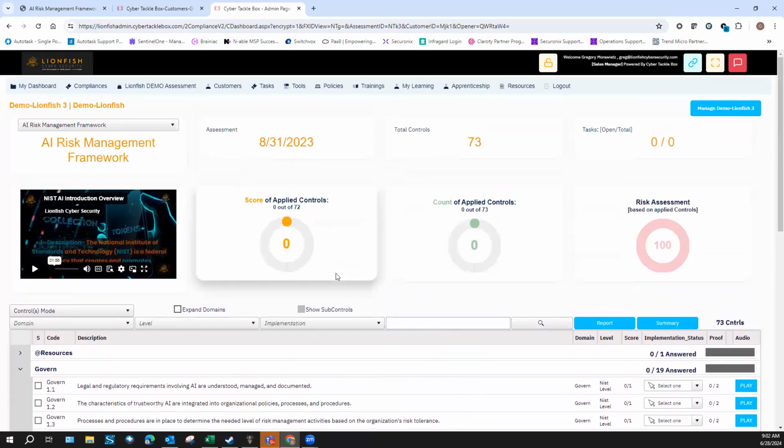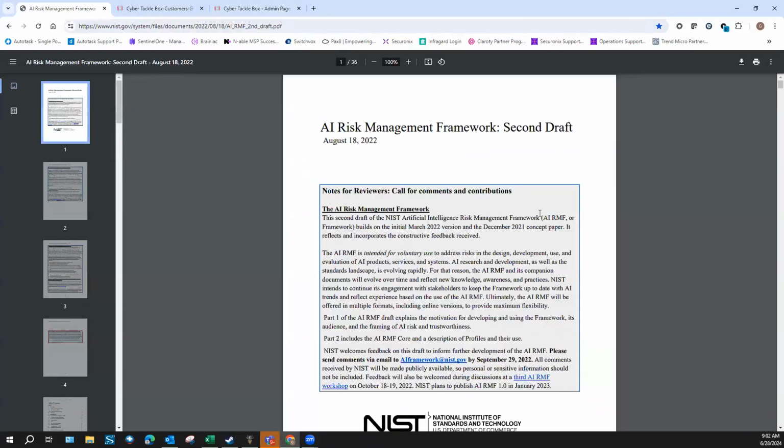So today we're going over the AI risk framework, and one of the things that I was doing last week was we went to the government site NIST.gov and we found the AI risk management framework draft. It's the second draft. It just came out in August of 2022.